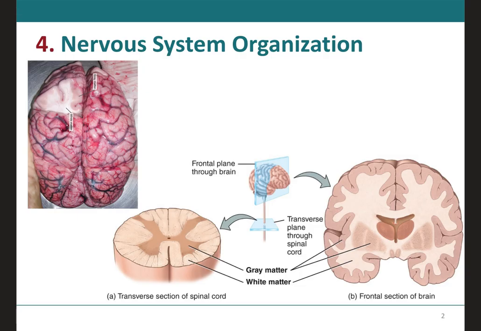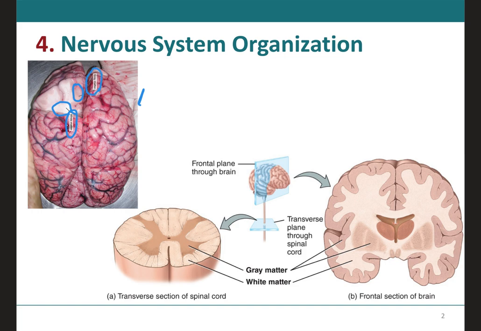As we can see over here on this image of a freshly dissected section of the brain, but this will also happen on a spinal cord, some of the regions will look white and in others they will appear gray. So this is why some areas are called the white matter and the gray areas are called the gray matter.